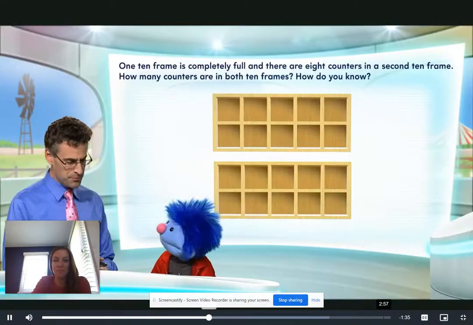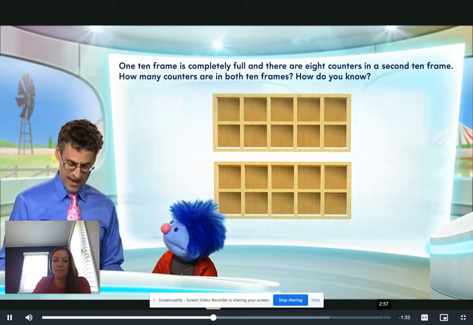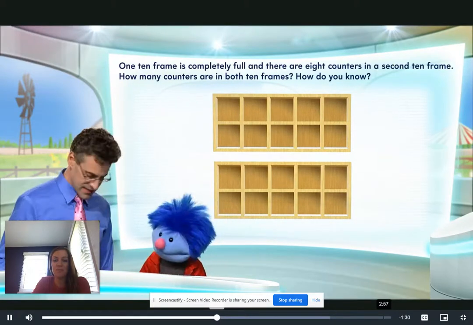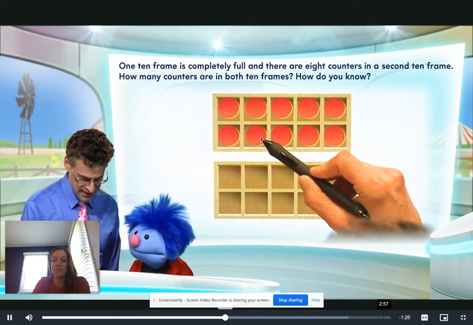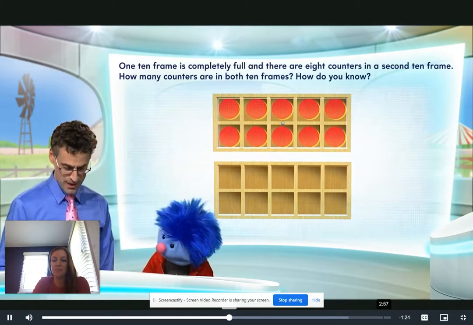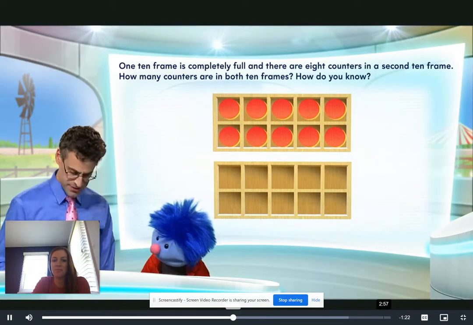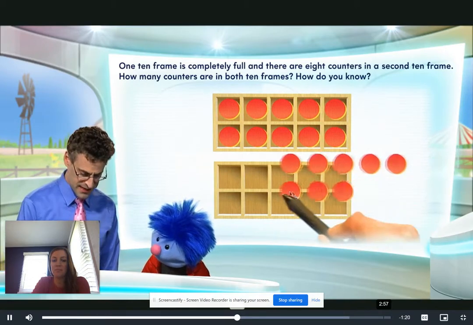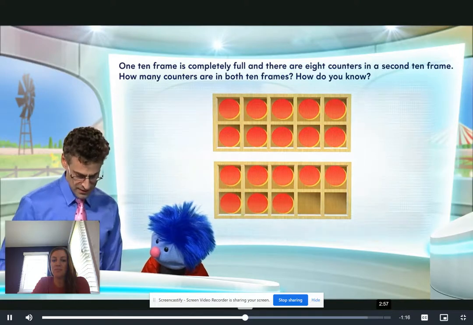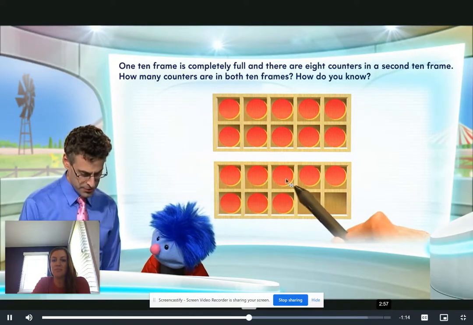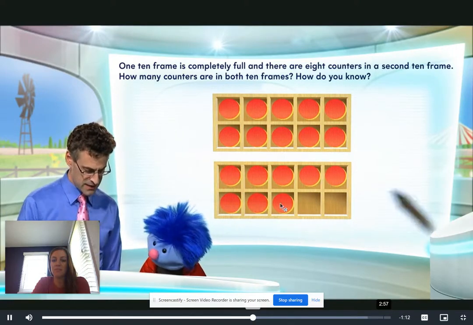Okay, so we first know that we have 10 counters in a 10 frame. So I'm just going to take 10 counters and put them right in there. There they are. The 10 counters, no problem. And now we have 8 counters in the second 10 frame. There they are. And let's just make sure that we have 8. 1, 2, 3, 4, 5, 6, 7, 8. So they're all there.